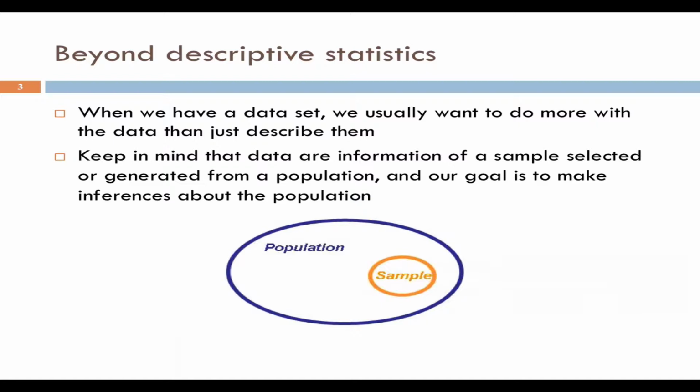When you get a sample and try to use it to understand the population, you're really trying to estimate something from the sample and then doing inference about the population. This is the whole fundamental concept of statistics, that you always infer the population from a random sample.